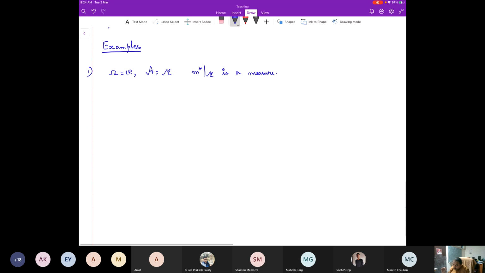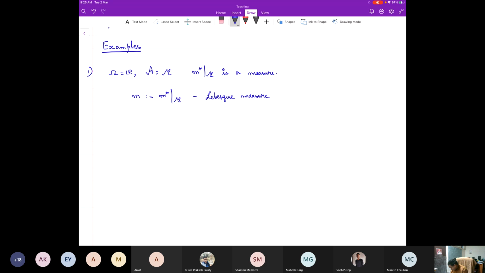Now, so what are we going to do? So now we are going to set the definition. Yes, so we'll write by script M, only M. What is this? This is M star restricted to script M. And this measure is what is known as the Lebesgue measure.